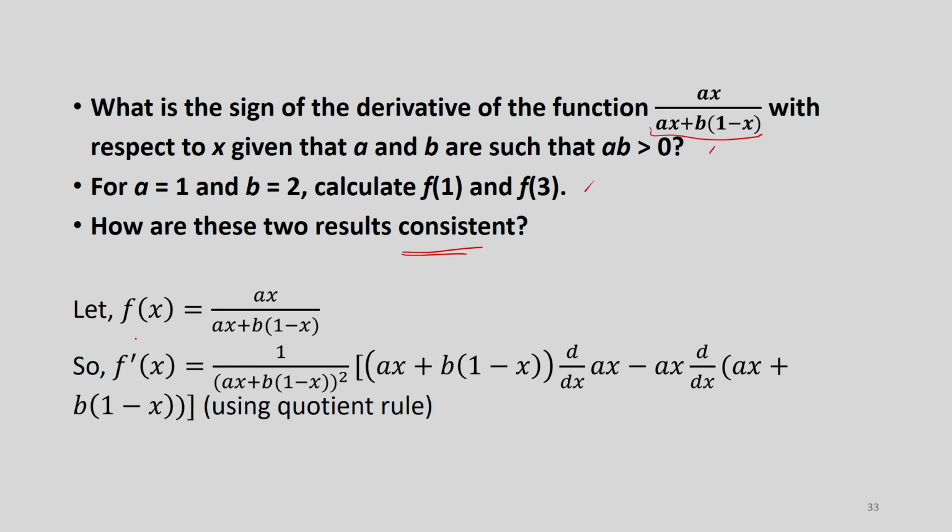So let us suppose that this function is given by f x, a function of x, and we have to find out f prime x. That we find by using the quotient rule, right.